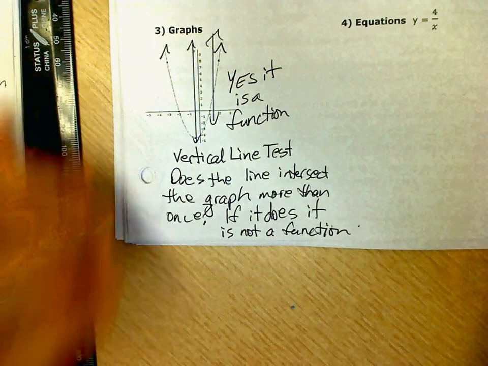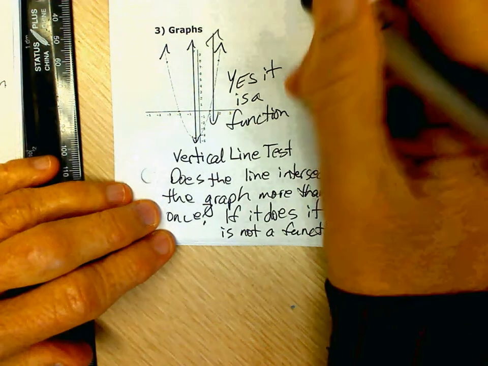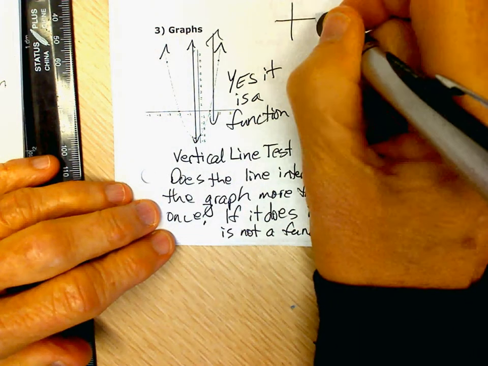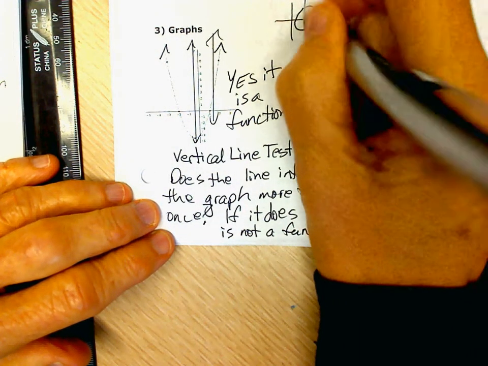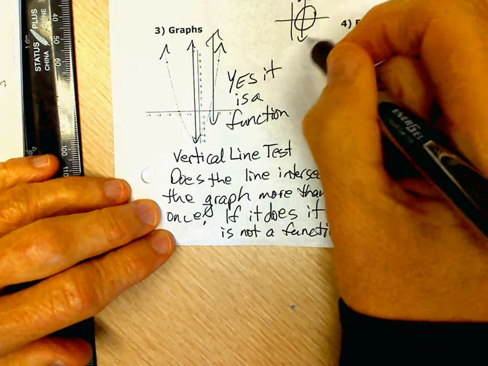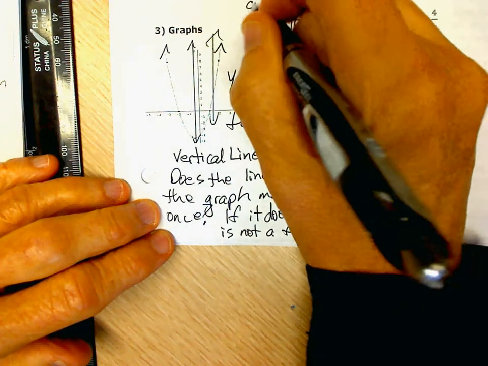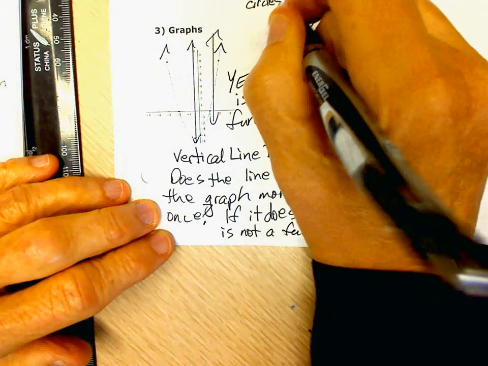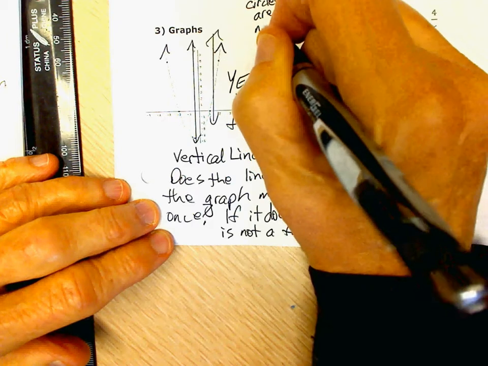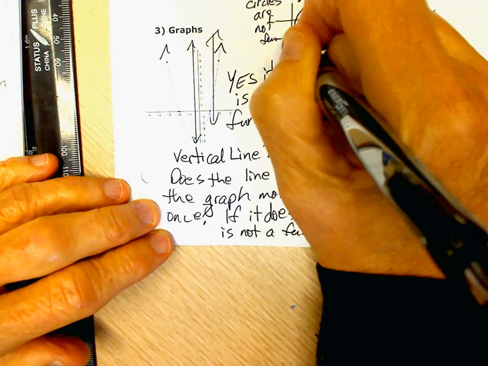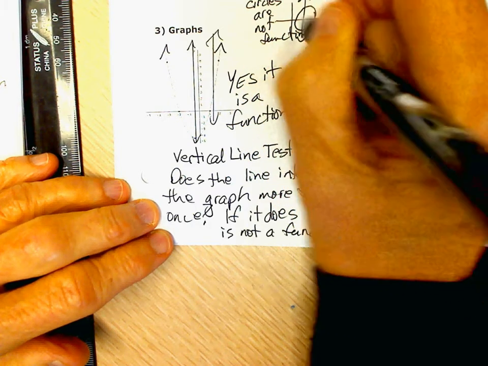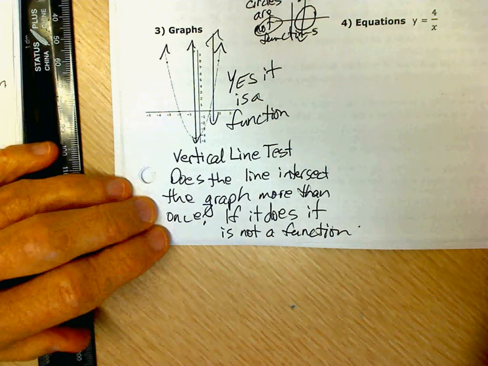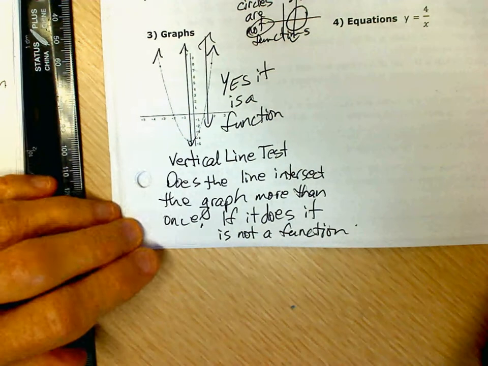Now, for example, what if I were to have a circle? Is this circle a function? That's not a function. Circles are not functions, okay? Now, what if we have an equation?